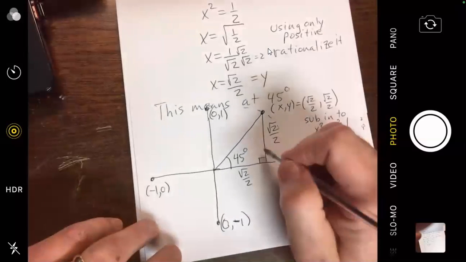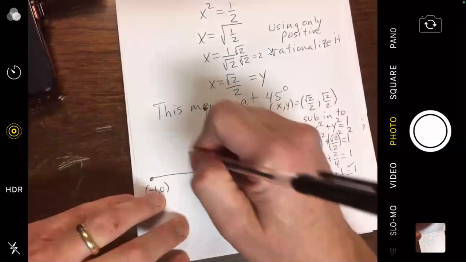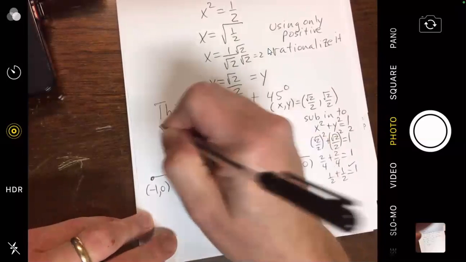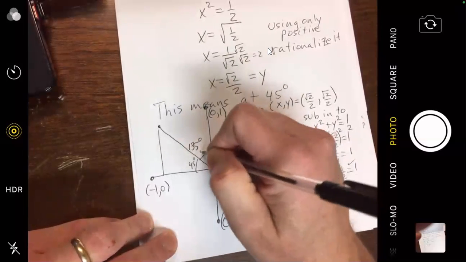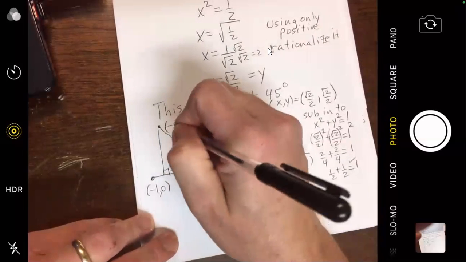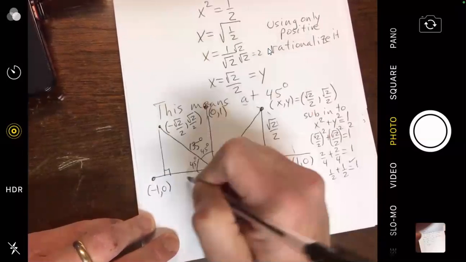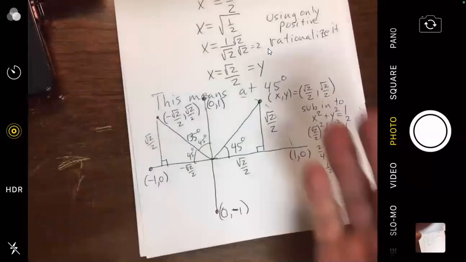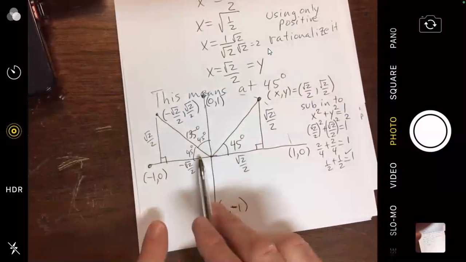Now, this is your first quadrant. Remember, there are equivalents in the other quadrants. So if you come over here at 135 degrees, you've got 45 each side. That would put the x leg negative and the y leg positive, meaning this would be negative root 2 over 2, positive root 2 over 2. You're keeping the exact same angles and the exact same hypotenuse length.